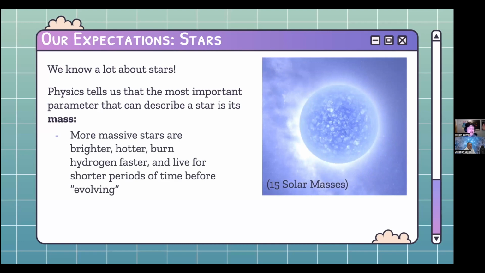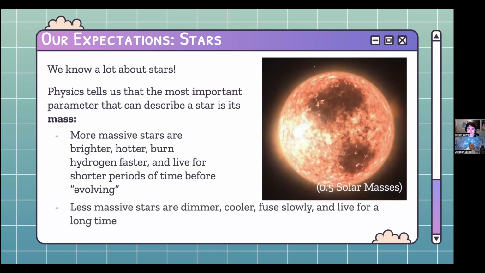Those are all interlinked because all of that gravity is crushing hydrogen atoms together to fuse. That process is releasing a lot of heat, which generates a lot of light, right? And because they're burning hydrogen faster at their cores, they live for much shorter periods of time before they go supernova or evolve and become white dwarfs.